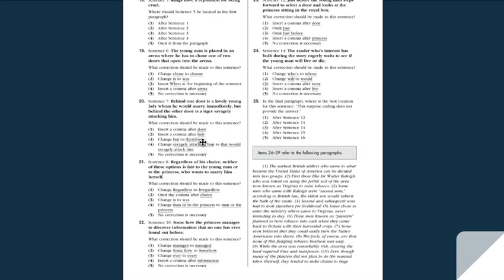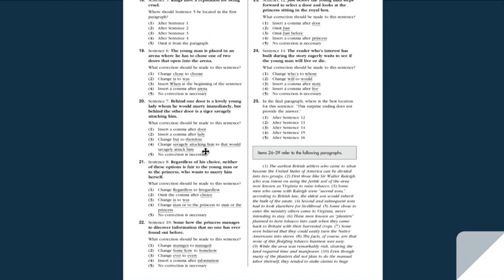Insert a comma after lady. As I've already mentioned, this is an example of a parallelism question. So we're gonna try to find what is the best way to fix the sentence. As you might have already noticed, there is a bit of a pattern change in this example question.